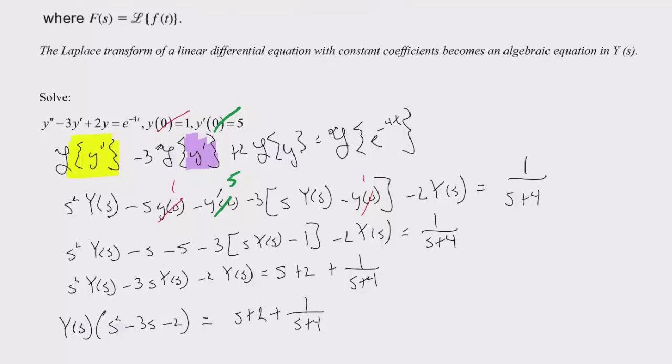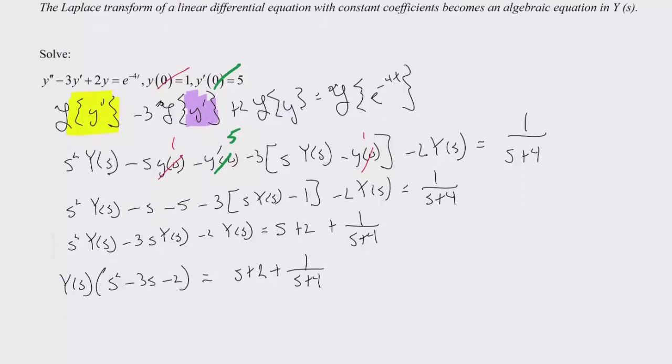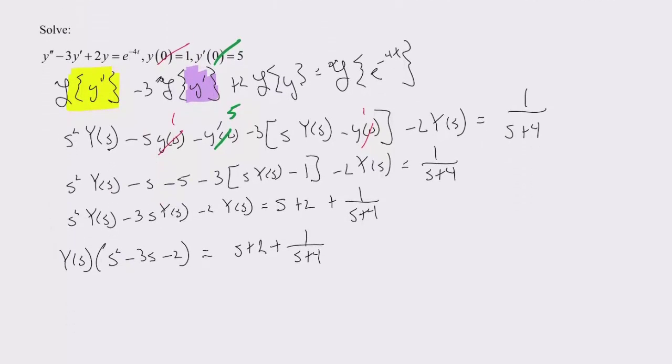Okay, and let's do some fraction things, see if we can get those guys to play nice with each other. Ultimately I want to divide by s squared minus 3s minus 2. But you know what? That's actually factorable. So let's factor that. So that's s minus 2 and s minus 1. Oh, that's not right.